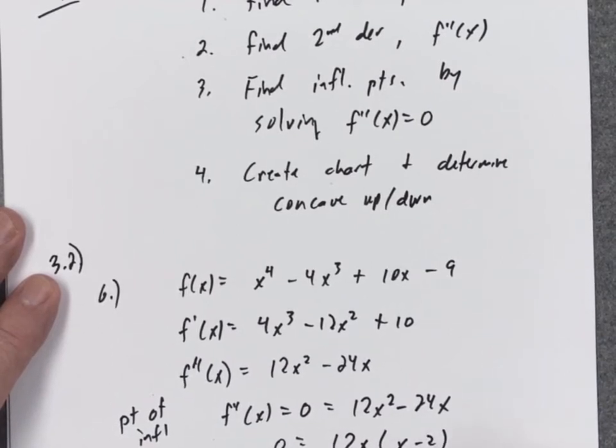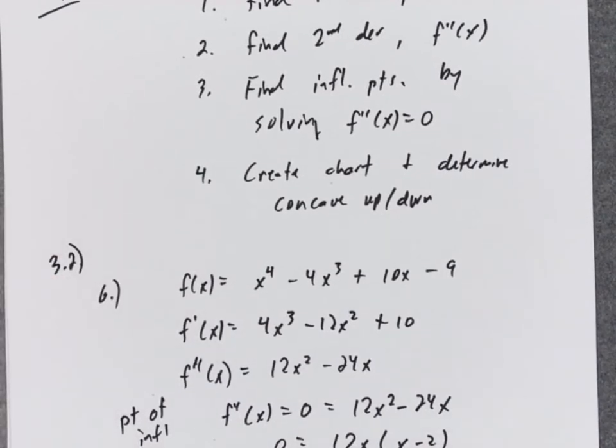There are my points of inflection. Once I have the points of inflection, now this tells me where in my function the concavity switches between concave up or concave down.